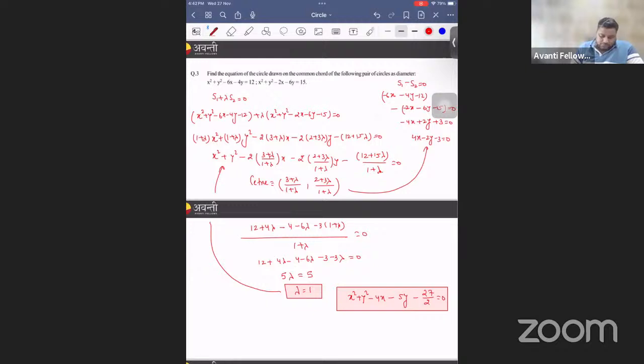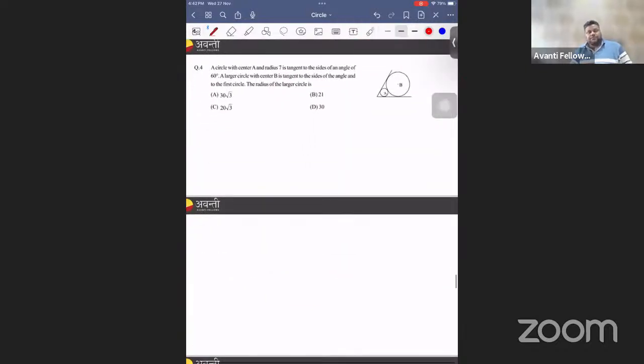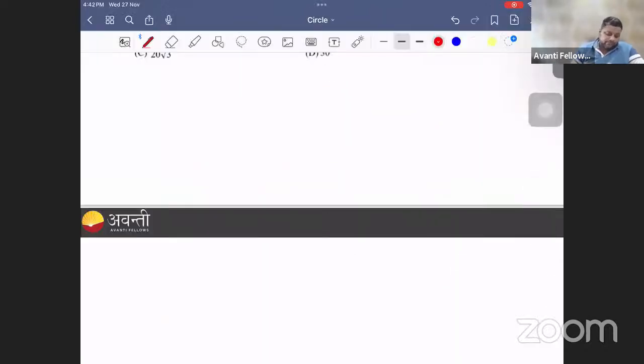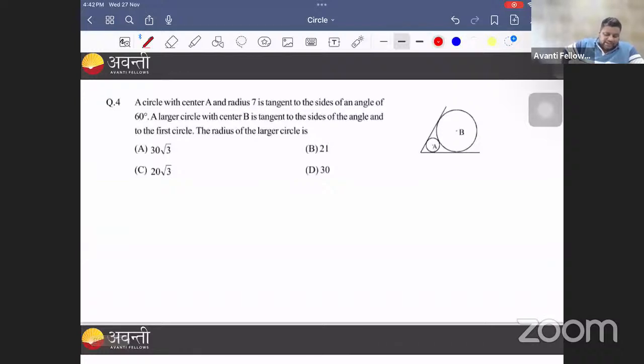Now, try this one. A circle with center A and radius 7 is tangent to the sides of an angle of 60 degree. A larger circle with center B is tangent to the sides of the angle and to the first circle.